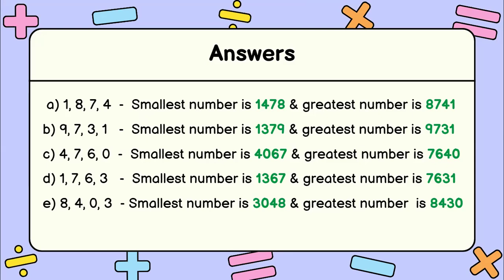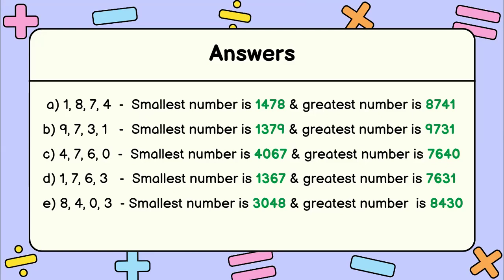The greatest number is 8741. How did we get it? Well, we took the largest numbers first and then we put it at the start. Then we took the other small numbers and put it at the end. 8 being the largest, 7 being the second largest, 4 being the third largest, and 1 being the smallest.